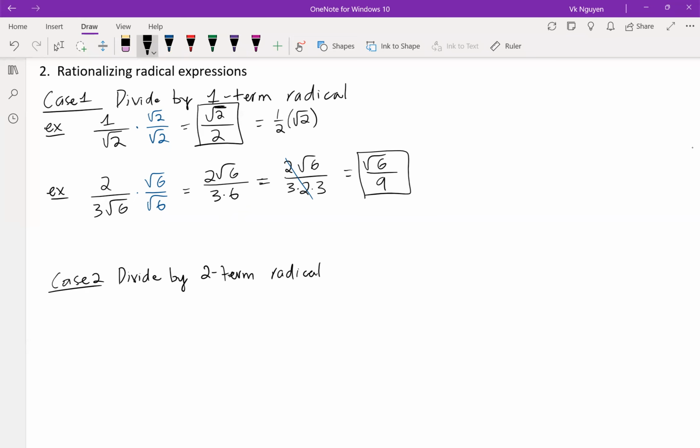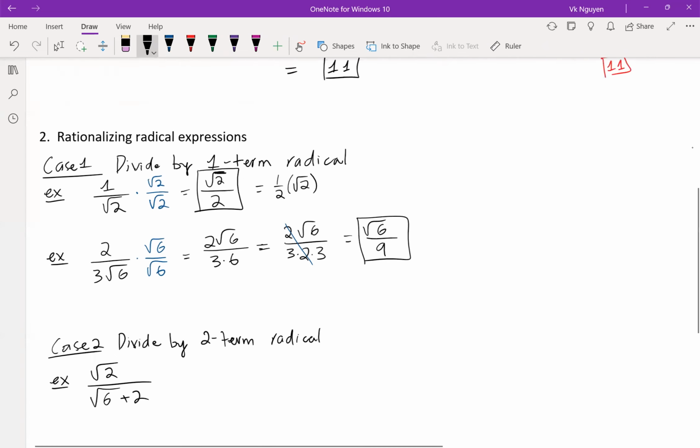Case number 2, divide by 2 term radical. Example, root 2 over root 6 plus 2. Well, in order to get the denominator into an integer, we're going to rely on the difference of two squares, just like what we did in the earlier example.